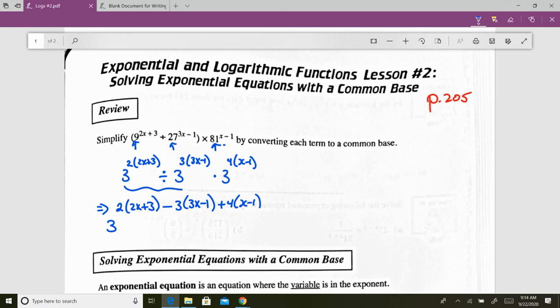Is everybody on board with that? Does that make sense? Okay, now it's just algebra on the top there. So I'm going to expand all this and then collect like terms. So 3 to the power of 4x plus 6 minus 9x plus 9 plus 4x minus 4.